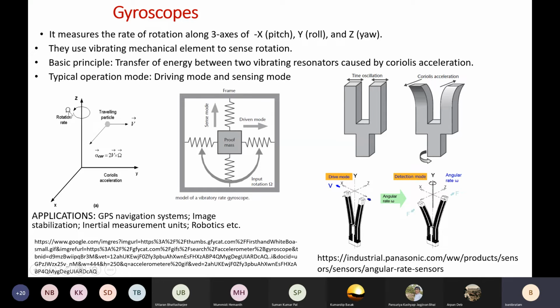Because of the cross product of omega and v, the water will feel another Coriolis force perpendicular to both the z and y axes, and accordingly the trajectory of the water will vary. How this simple property of the Coriolis force is exploited in the gyroscope, we will see tomorrow morning.